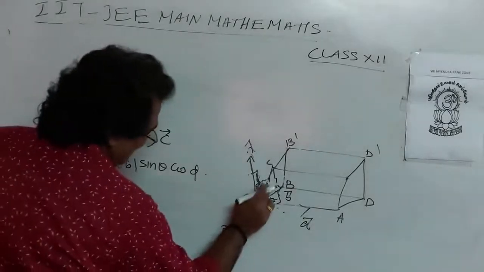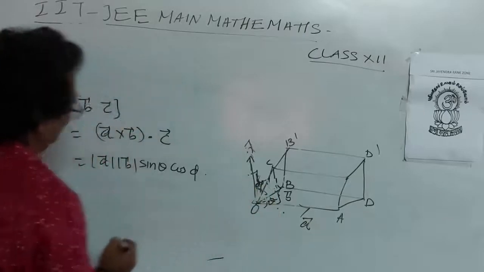So phi is the angle between C vector and this, and this angle is theta.